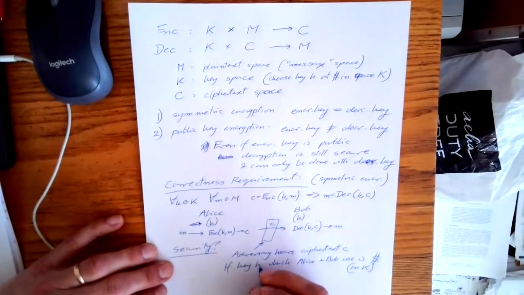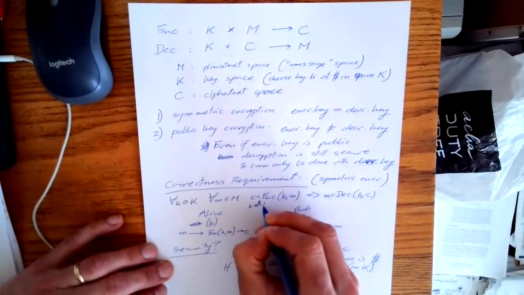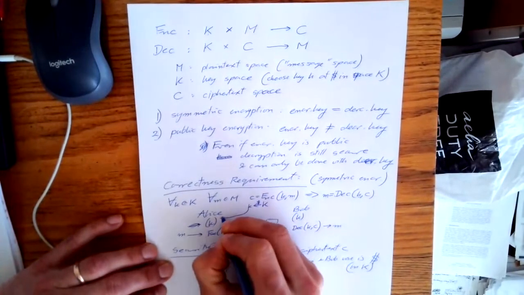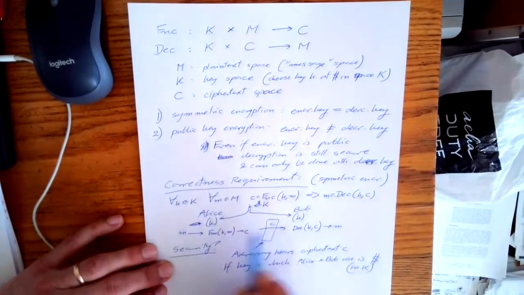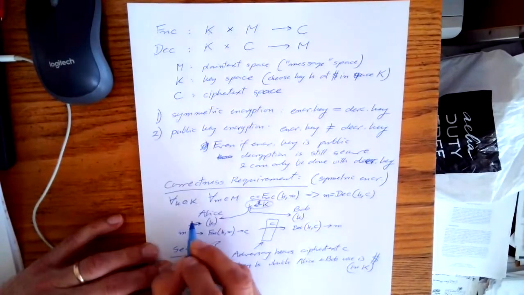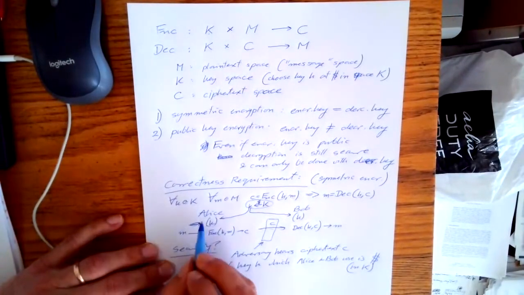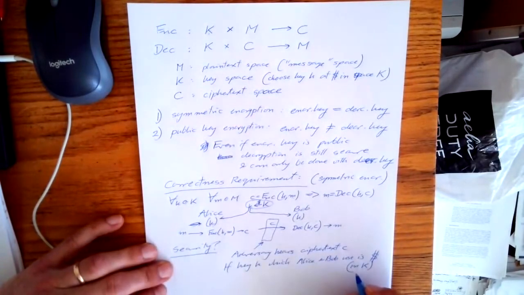So that's how the key is chosen. At the beginning, they chose it at random in key space, and somehow magically, and this is actually a problem in crypto systems, like who picks this key, and how come it ends up on the two sides, the sender and the receiver?